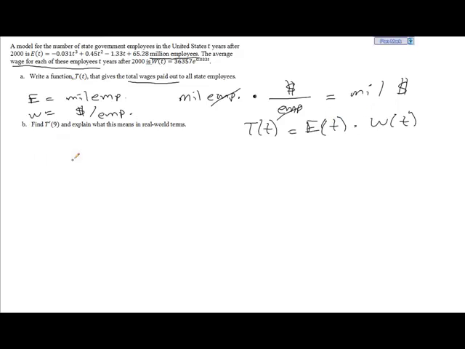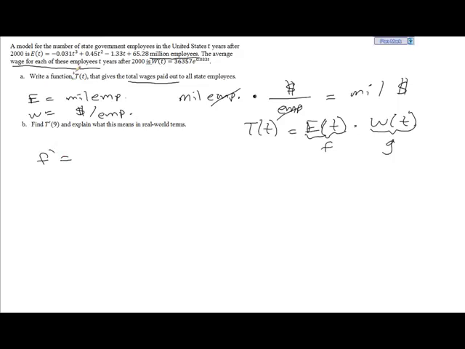Now in letter B, we want to find the derivative and evaluate it at an input of little t equals 9 and explain what this value means. So we first need the derivative, and in order to do that, we need the prime of each function. So if we call E of t our f in our product rule, because it's a product of functions, and W of t be g in our product rule, then we need to find f prime and g prime.